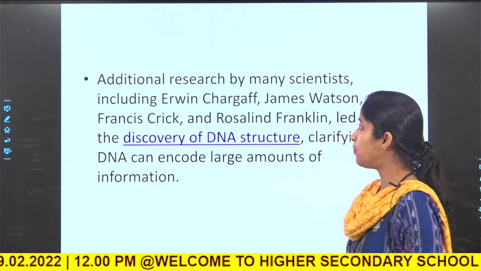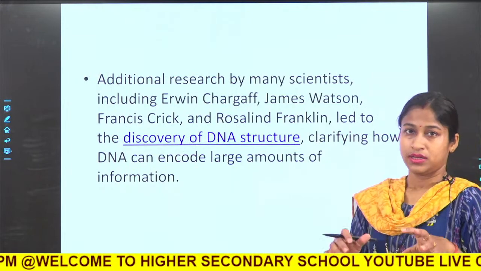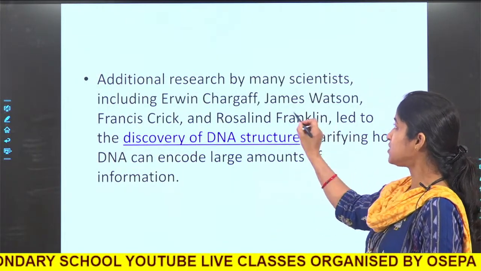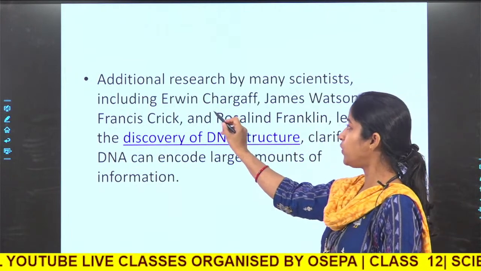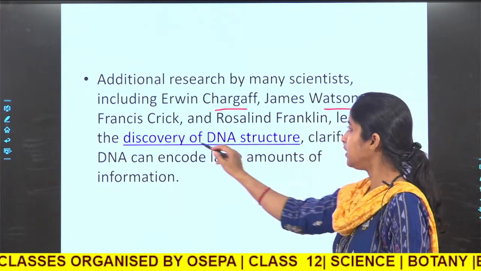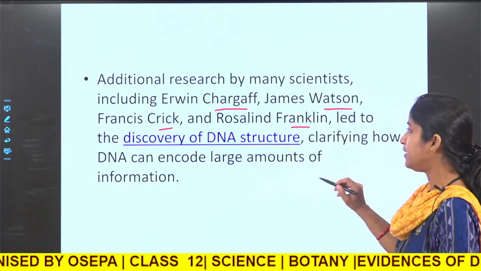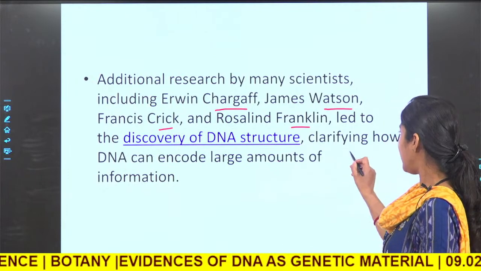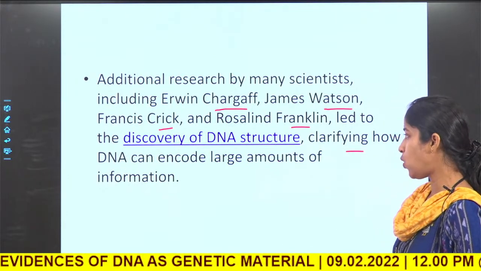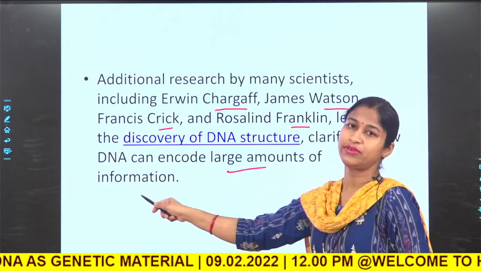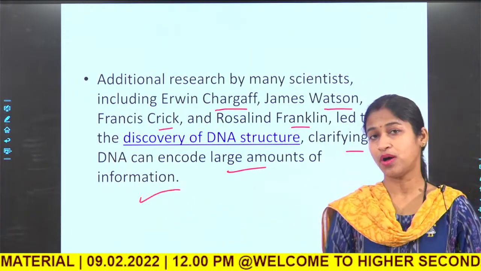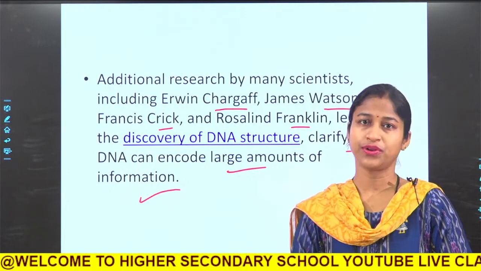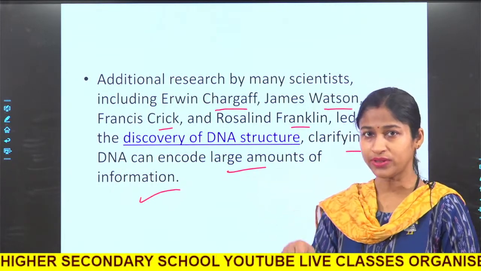So this is all about DNA as the genetic material, but additional research by many scientists including Chargaff, Watson, Crick and Franklin led to the discovery of the DNA structure and clarified how DNA can encode large amounts of information.